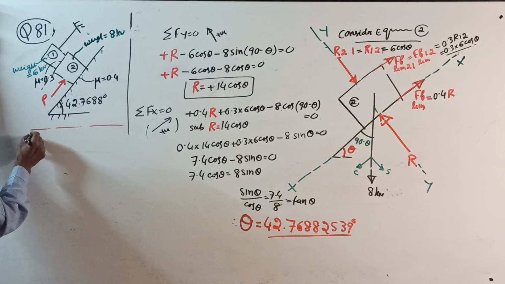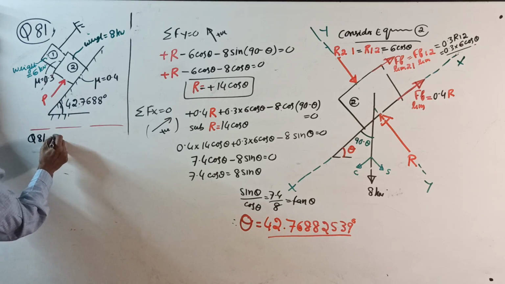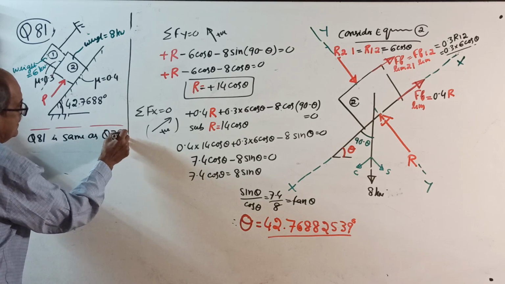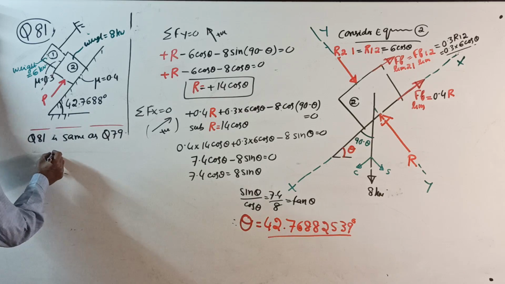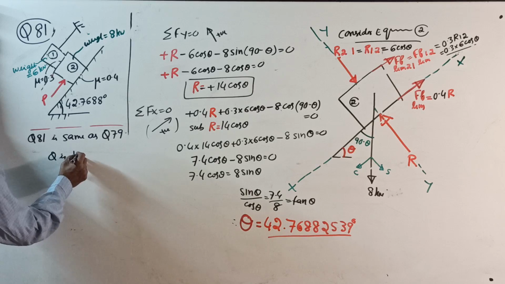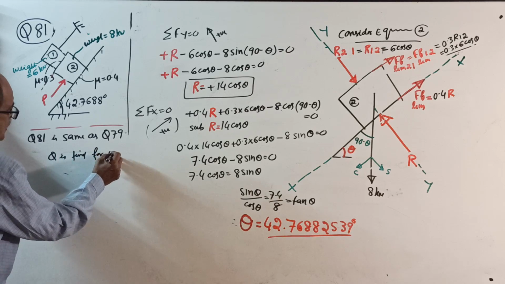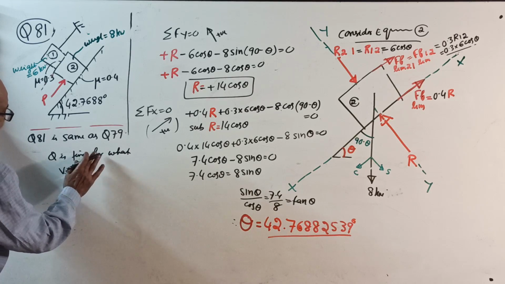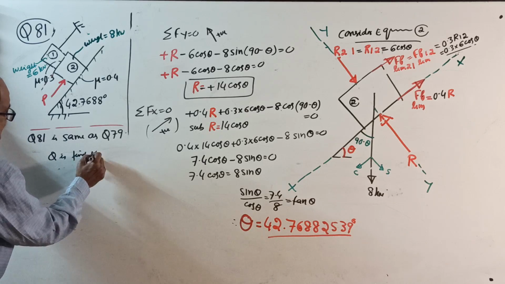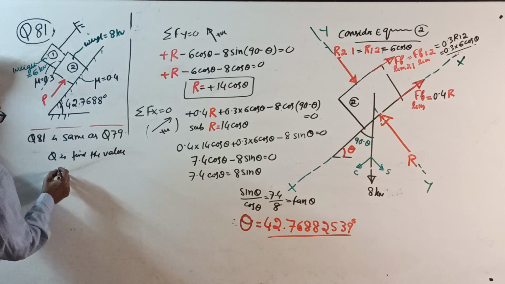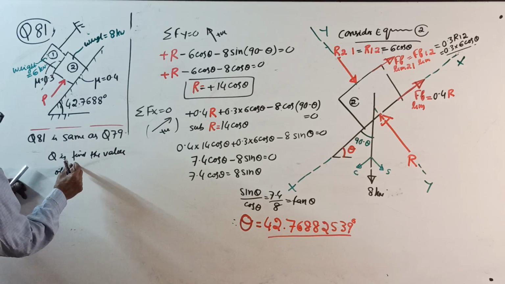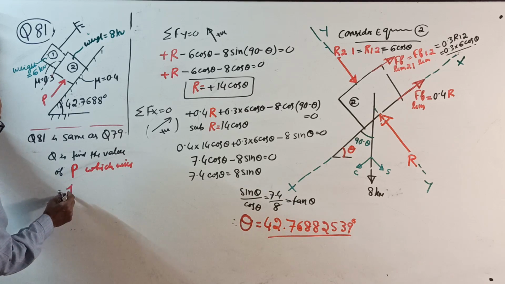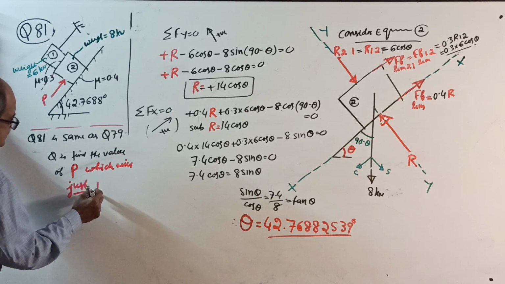Question 81 is same as question 79. Question is: find for what value of P, just to prevent, see, just to prevent means what?